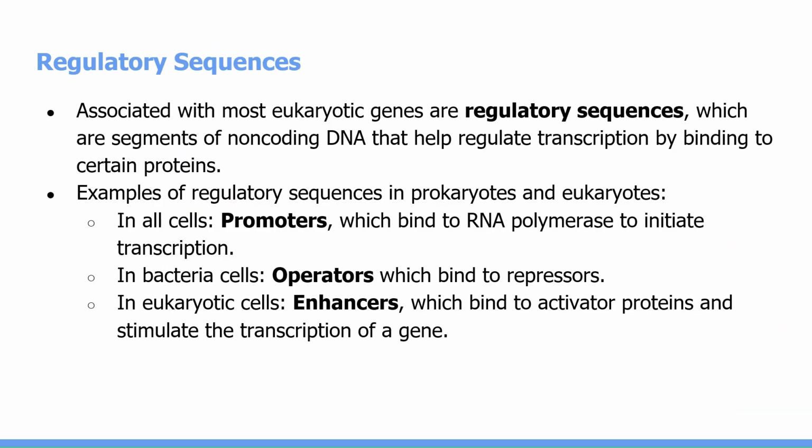So, most eukaryotic genes have regulatory sequences. Okay, those are parts of non-coding DNA. Remember, this is a strand being read by RNA polymerase, that help regulate transcription by binding to certain proteins. So we're gonna get to know these proteins' names.